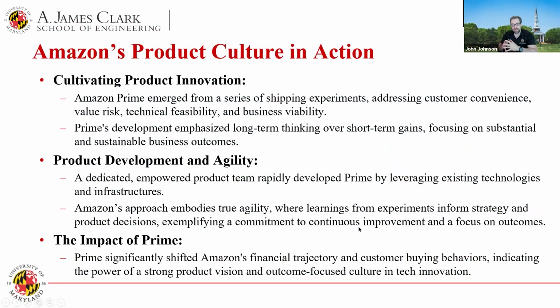And so the way that they did this ultimately was through shipping experiments, emphasizing the idea of trying to achieve these business outcomes through using fully empowered product teams to experiment and to do so even in ways that made even the CEO Jeff Bezos a little nervous about potential outcomes because they could have lost money on this significantly. But it has changed Amazon forever, and of course, all of us today we don't even think about it; we just expect it. All right.